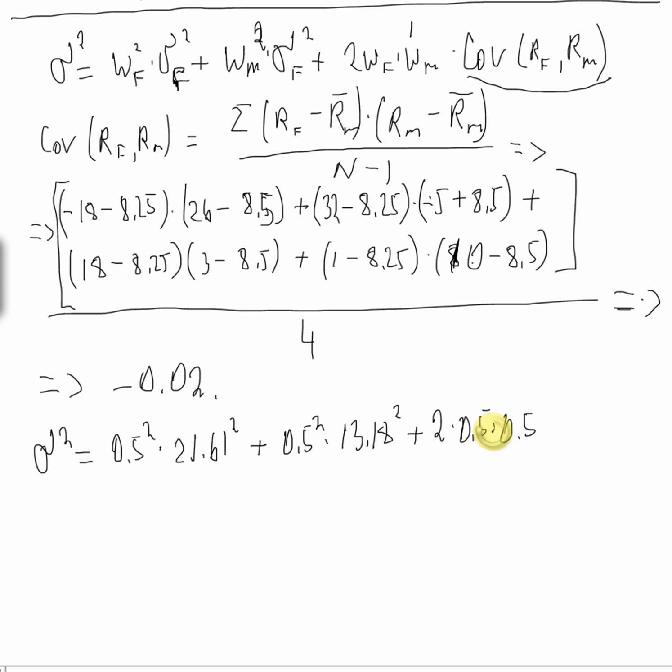So these are 2 w's, 2 Wf Wm times the covariance, times minus 0.02.